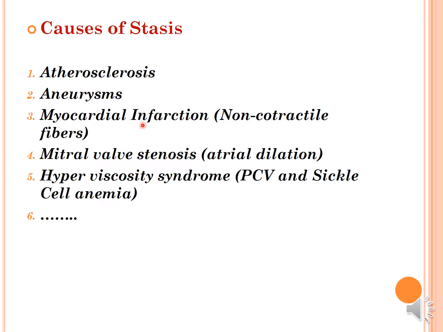Non-contractile fibers in the heart might lead to blood stasis inside one of the heart chambers. Injury to the valve, leading to chronic scarring and stenosis, might as well lead to this problem. Hyperviscosity syndrome and anything that leads to hypercoagulability of the blood might as well be a contributing factor.